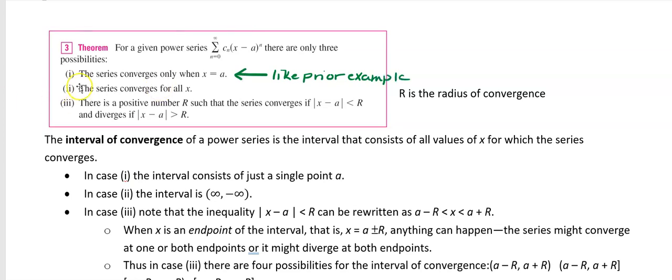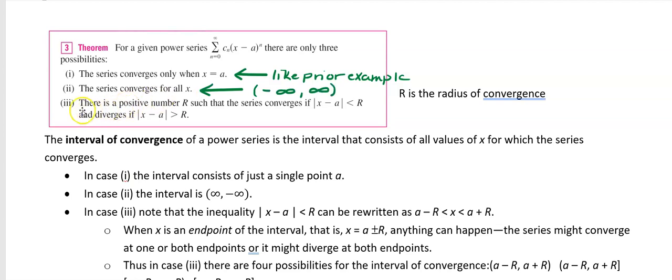The second option is when the series converges for all x values. This means all x values from negative infinity to infinity.